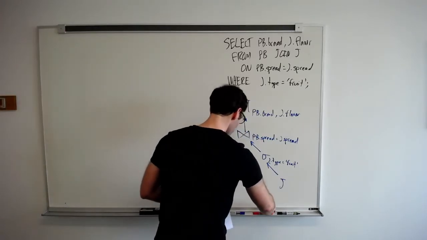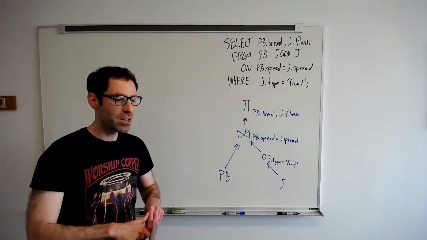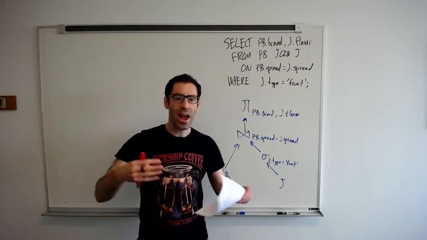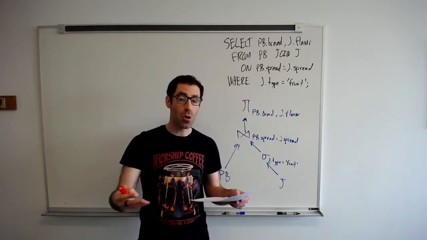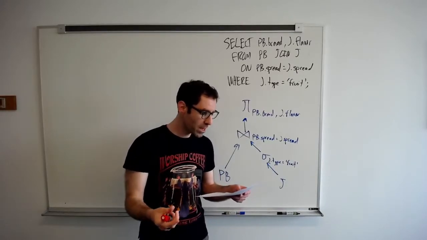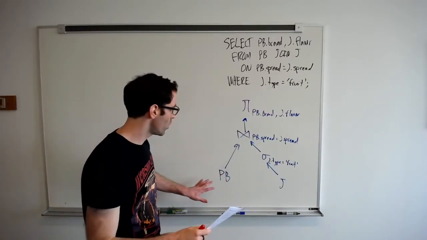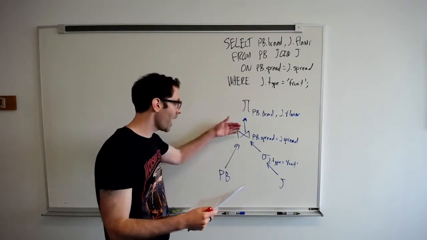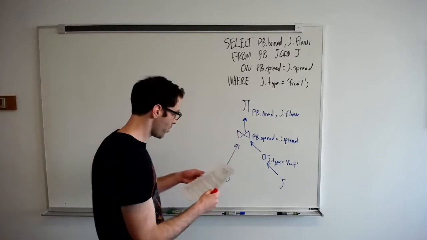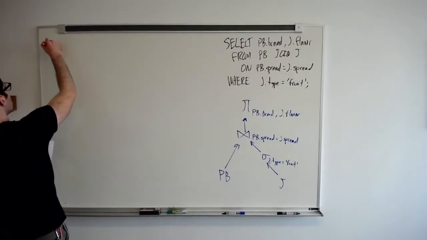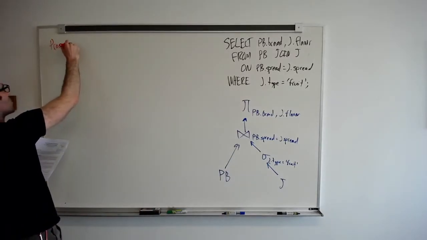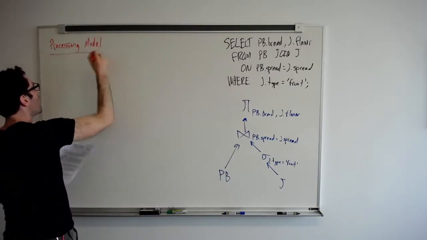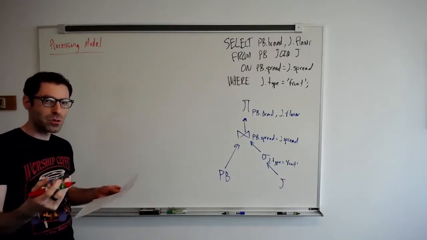And the first thing that I want to talk about is what's called the processing model. This is how a database is actually going to go about executing the query plan. Things like which direction are we doing this query plan in, how are we passing data between these operators. There are three models that I want to talk about in this video.